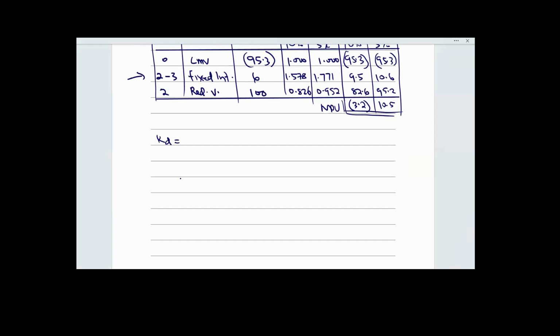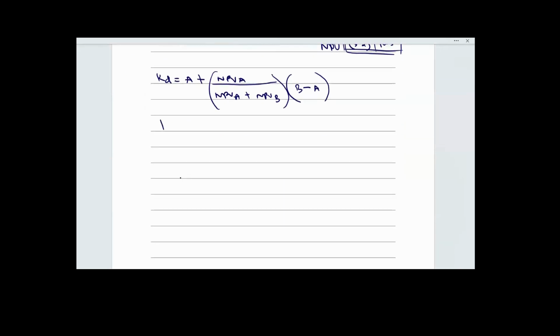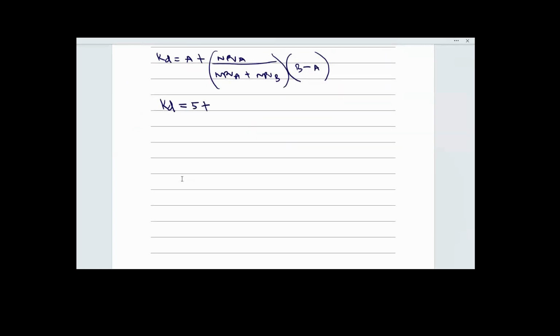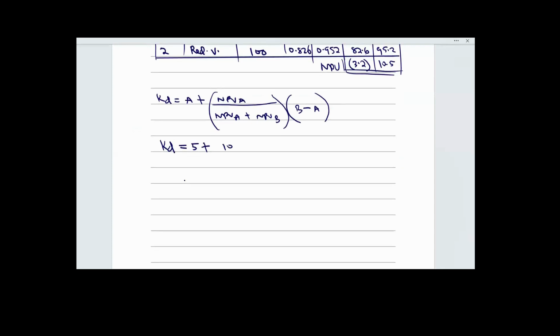So KD equals the lower discount rate plus the NPV of the lower divided by the NPV of the lower plus the NPV of the higher discount rate, multiplied by higher discount rate minus lower discount rate. So 5 plus 10.5 over 10.5 plus 3.2, multiplied by 10 minus 5.